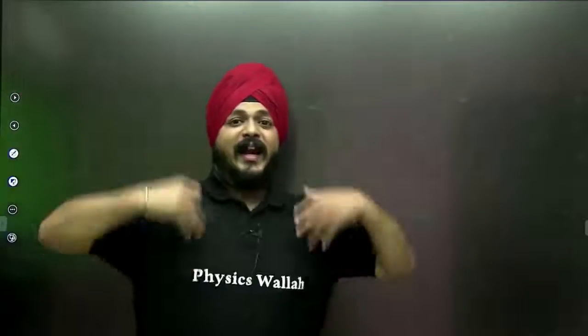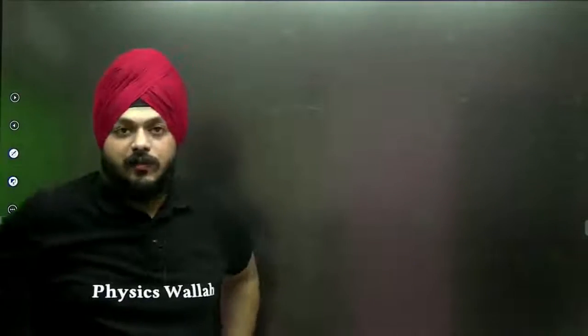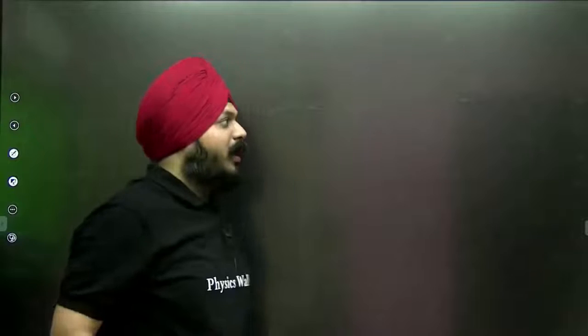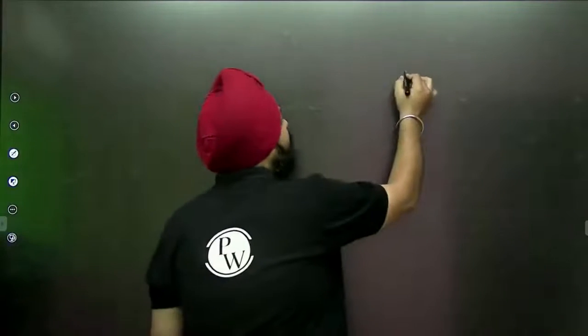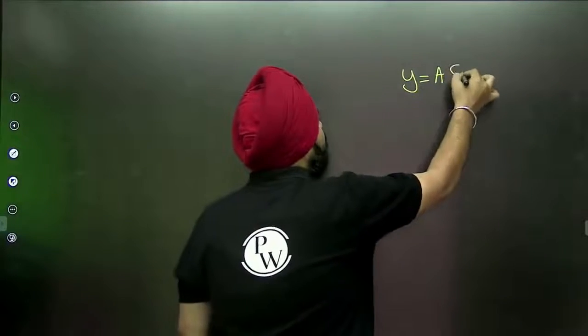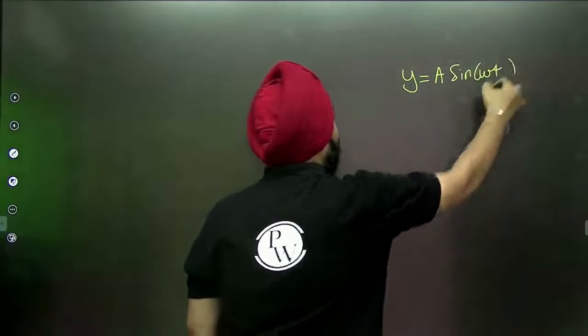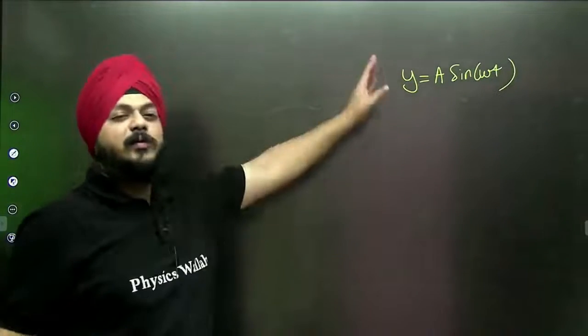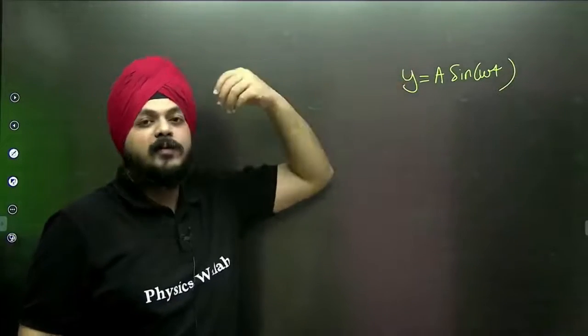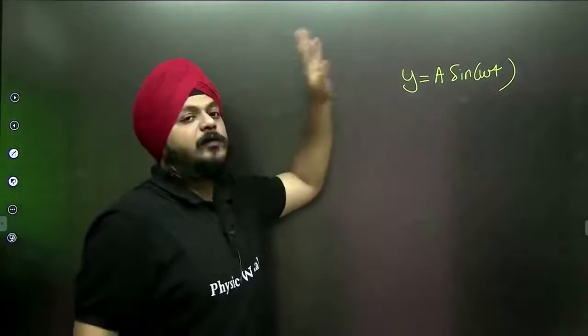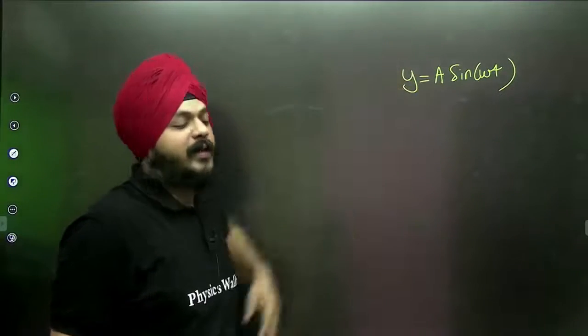Conditions to check whether the particle is performing SHM or not. Suppose any random equation is given in the question. Suppose a particle is performing some random motion and the equation of the motion is y is equal to A sine of omega t.